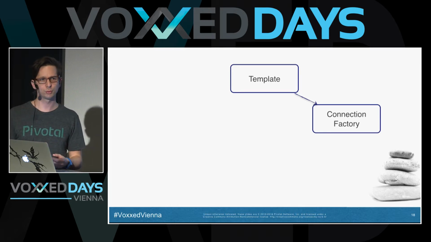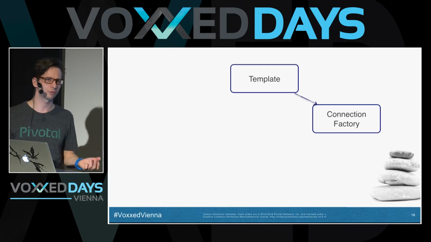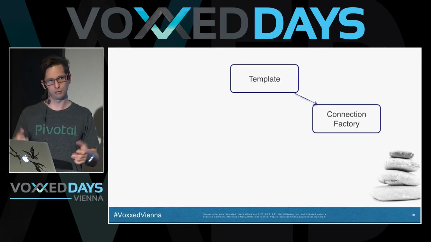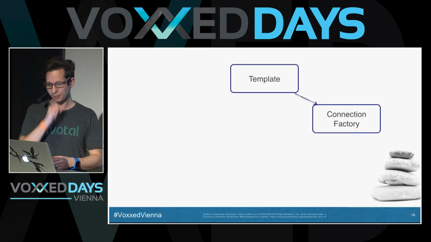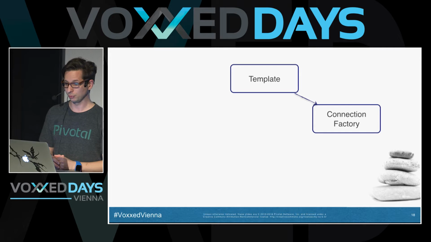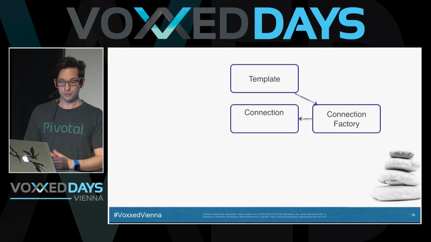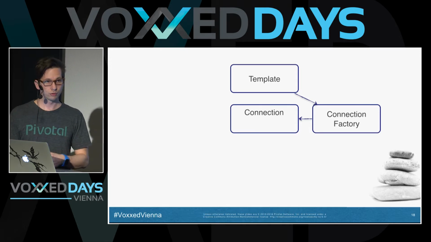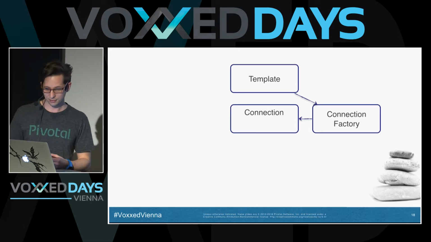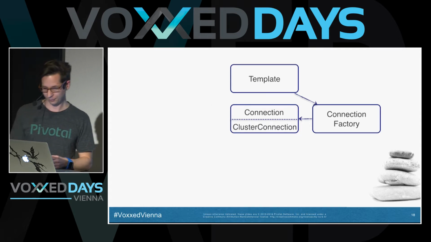The template works with a connection factory because in the Java world we have a different set of Redis drivers. There is no official Redis driver out there, but there is a bunch of community projects, so we have this abstraction of a connection factory that gives you a connection to a single node server, to a Redis Sentinel environment, or to a cluster using a cluster connection.